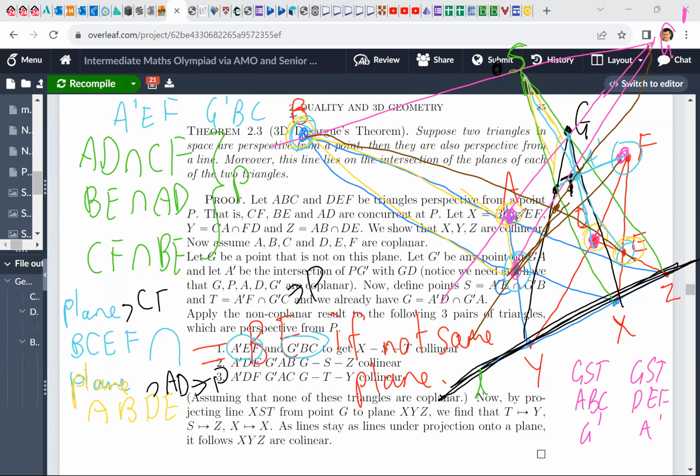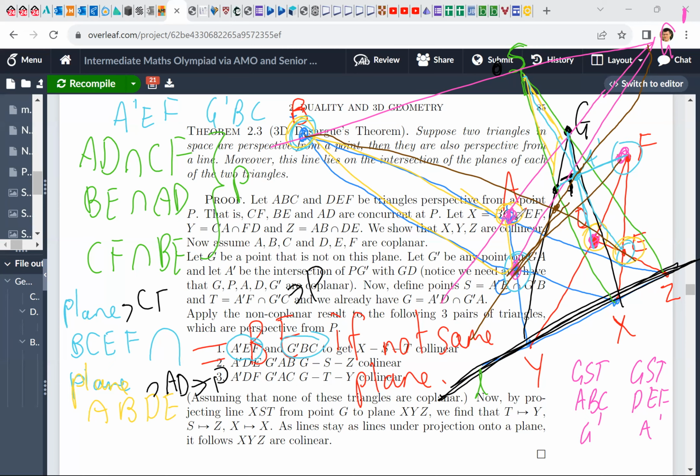When we apply it to ABC, we get a point which we affectionately call G prime. When we apply it to DEF, we get a point which we call A prime.